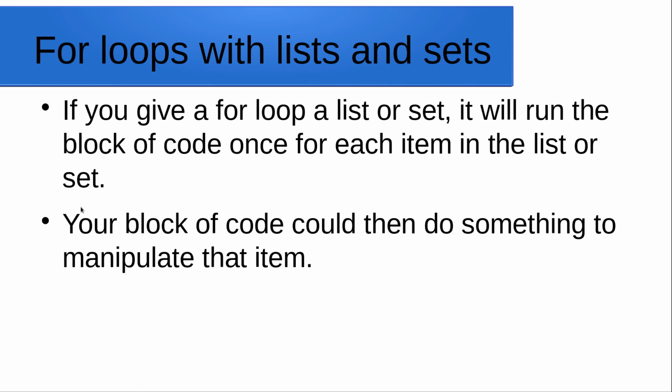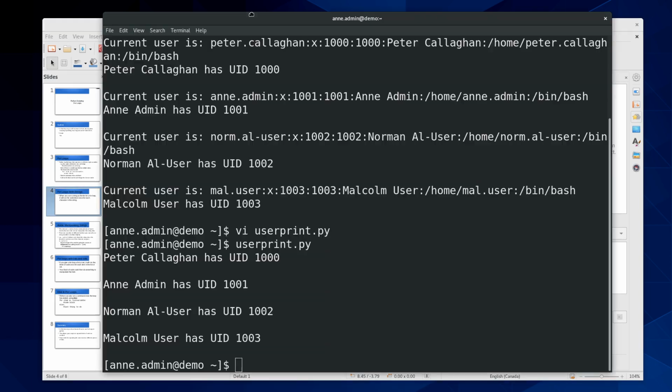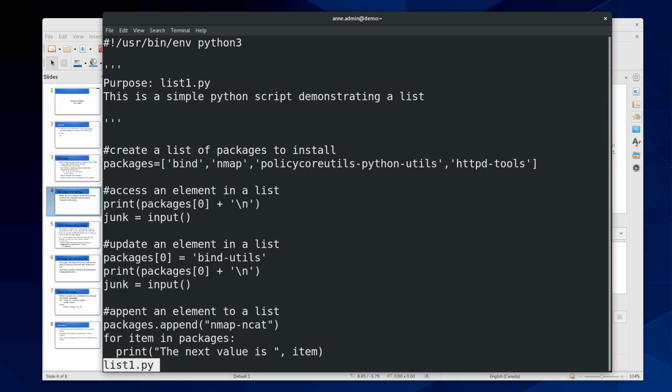So yes, the idea behind a for loop with a list or a set is it will run the block of code once for each element that is in that list or set. So if we go back to my lists script from my lists and sets video, every time I wanted to print out every item in that list, I just said for item in my list variable.